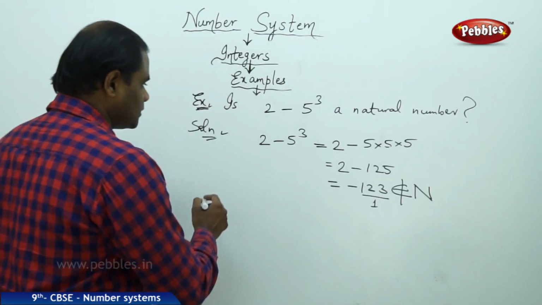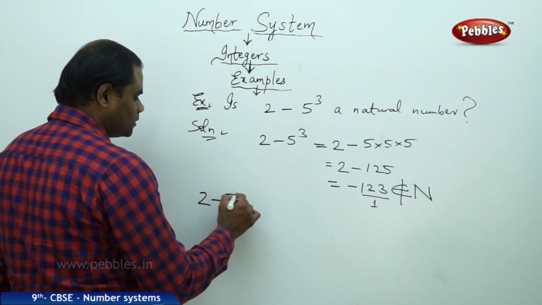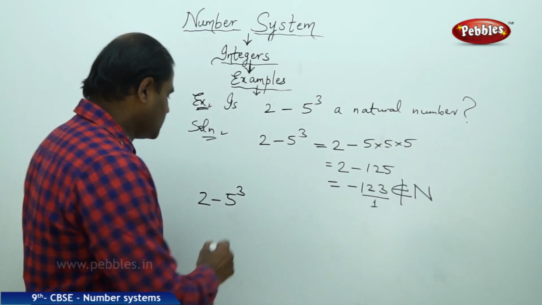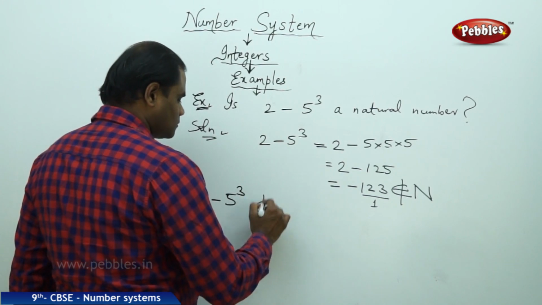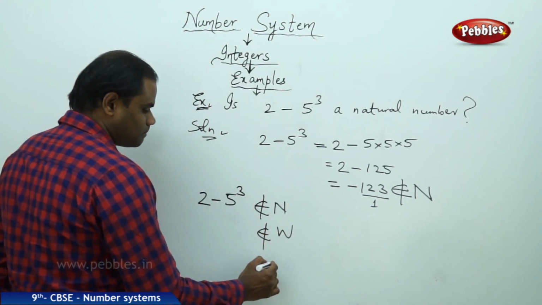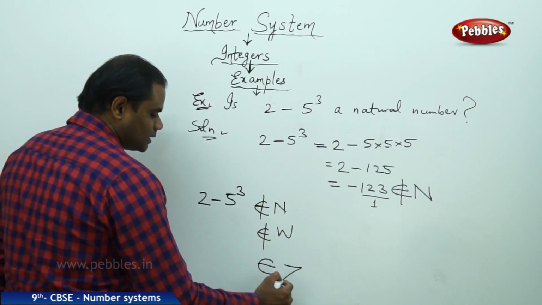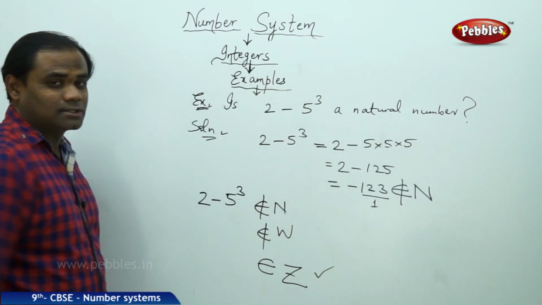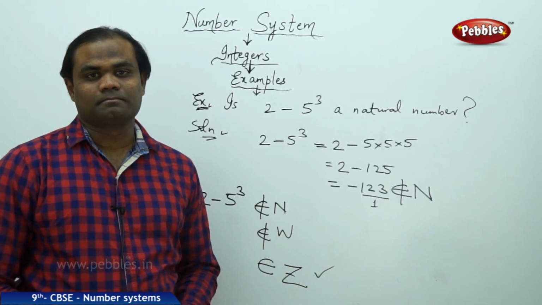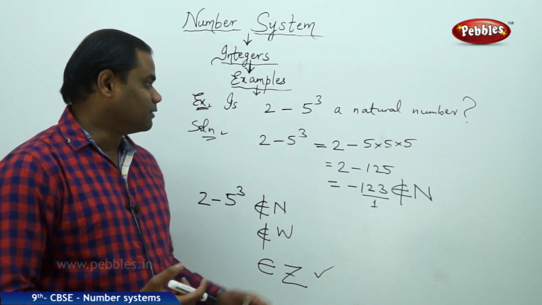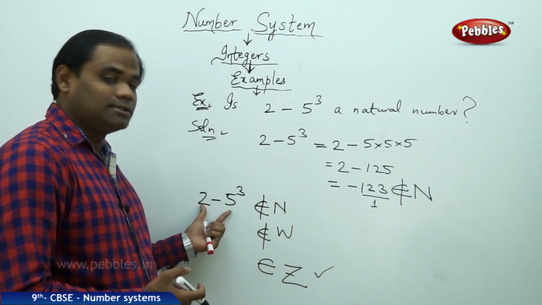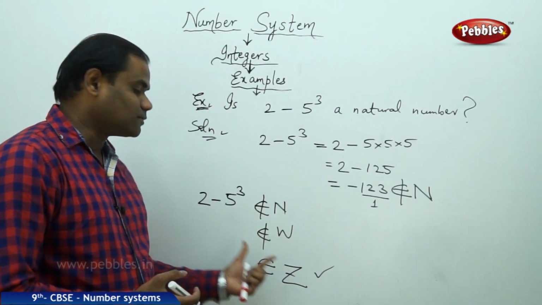Therefore, 2 minus 5 cube, which is expressed as minus 123, is not a natural number, is not a whole number, but is an integer, because it is accepted in the set Z.